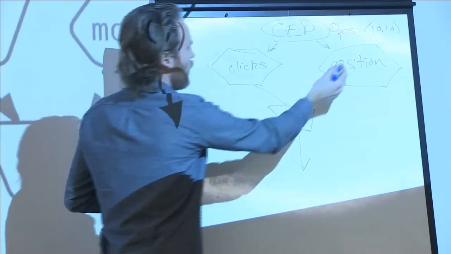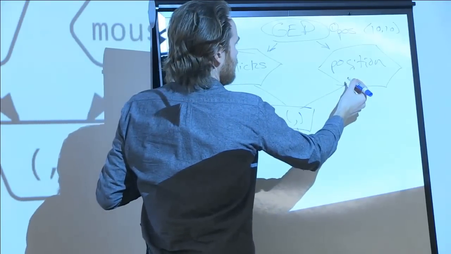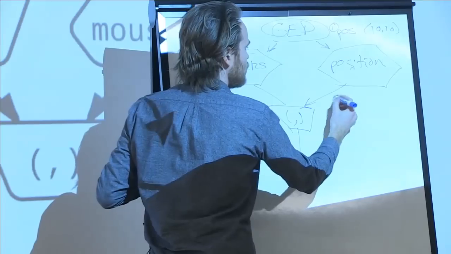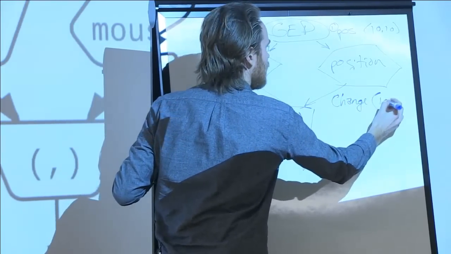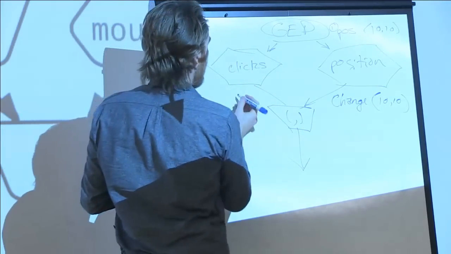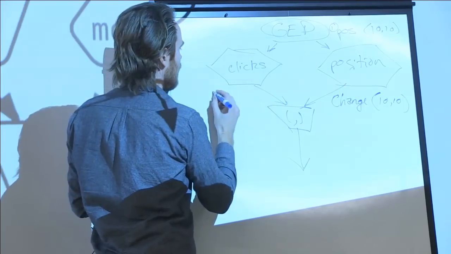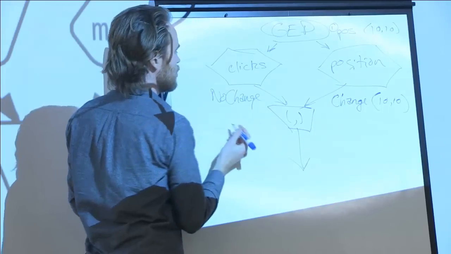So from there, both of them get the position. The position input is going to send a change message of 10, 10. And clicks is going to send a no change message.